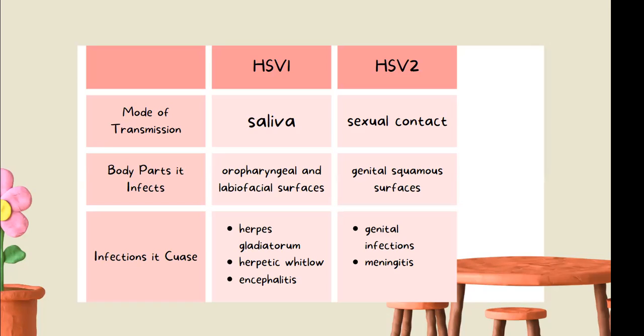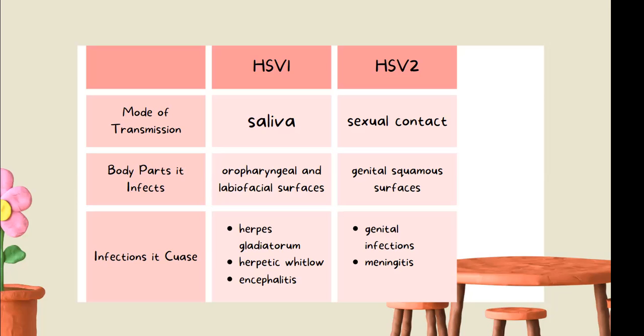These are the infections that they cause. Herpes gladiatorum refers to skin lesions on skin that is exposed, more specifically in athletes. Since this herpes virus is ubiquitous, again, it can be found everywhere, so our athletes are prone to this type of virus because, of course, they are players and they primarily stay outside.